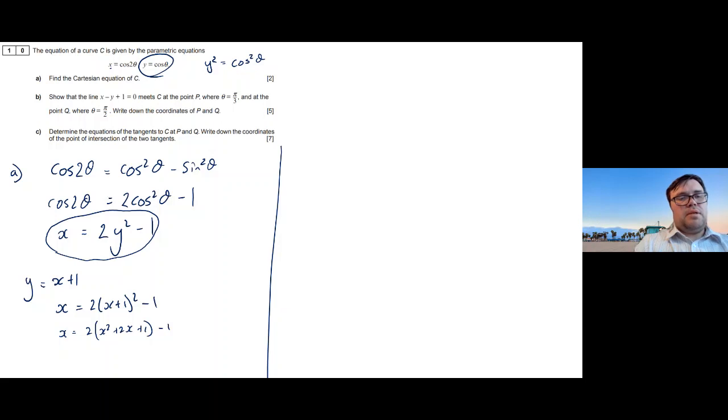This is part A, this is part B. If I expand all that, I have x equals 2x squared plus 4x plus 2 minus 1, which is 2x squared plus 3x, bringing the x over, that's going to be a minus, plus 1 equal to 0.